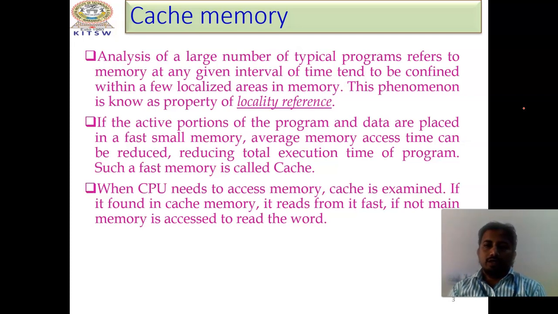So this concept is called collecting data from the main memory and then feeding it into the cache memory, and from the cache memory to the CPU. That is the concept taken into consideration for the cache memory.